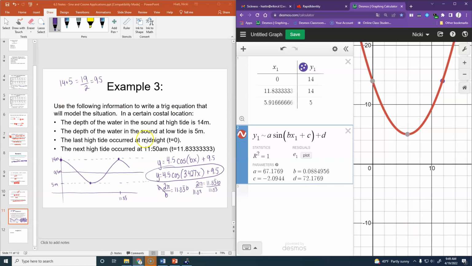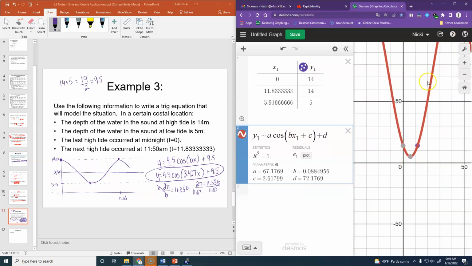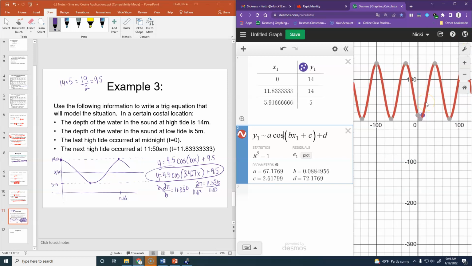So this is one that really by hand would be better. And we used cosine, but even with cosine, it still doesn't like it. You see, it really gets it wrong there. So you have to have probably at least 4 data points.